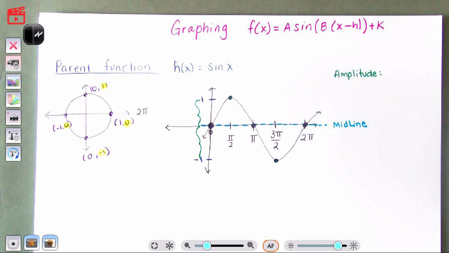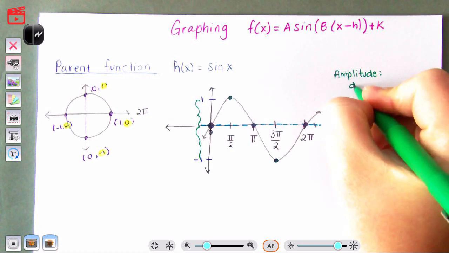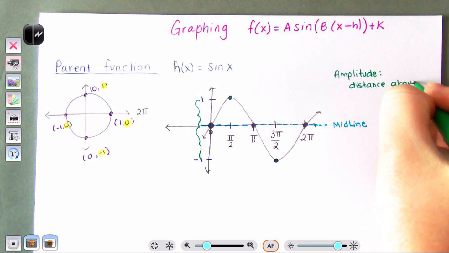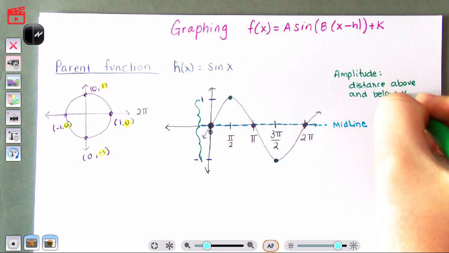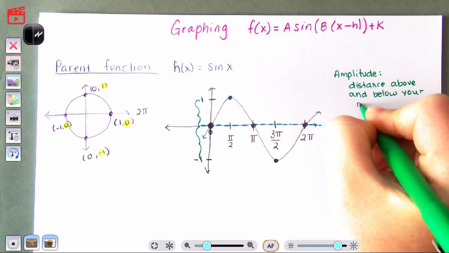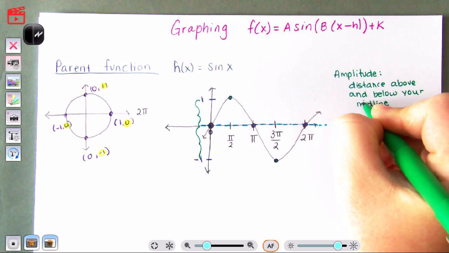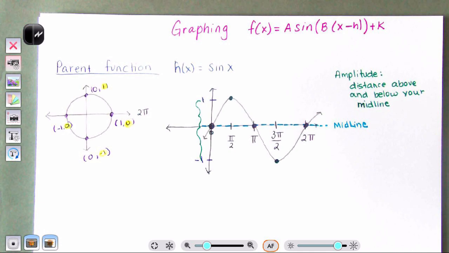So the way that I like to define amplitude is the distance above and below your midline. Okay, so amplitude is the distance above and below our midline. So let's go ahead and start to analyze this, okay?